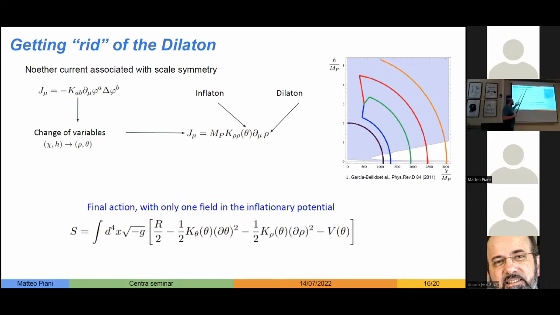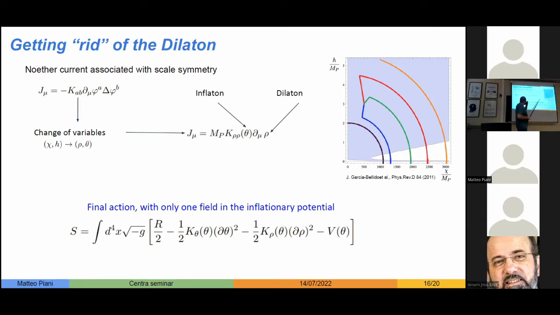So what this is telling us is that when we want to study inflation, the inflaton is not really the Higgs itself. And the dilaton is not the field chi that I was writing before, but this is what we can call the physical dilaton, and this is what we can call the physical inflaton. Of course, once we go to the minimum of their potential, these fields will reduce respectively to h and chi. But when we are at inflationary scales, this is not true.